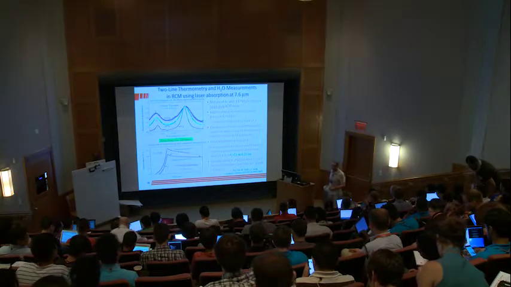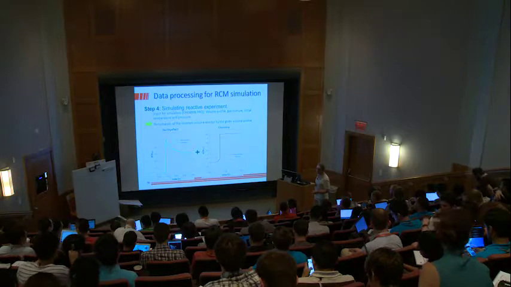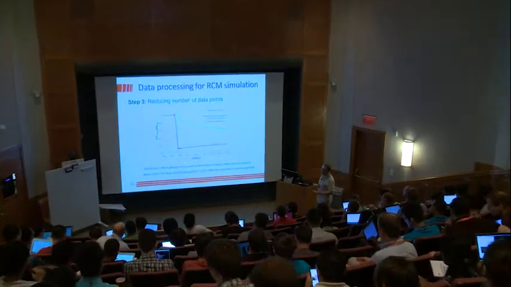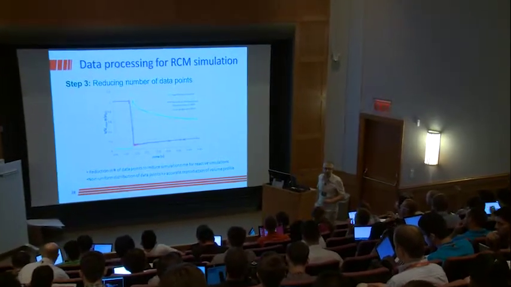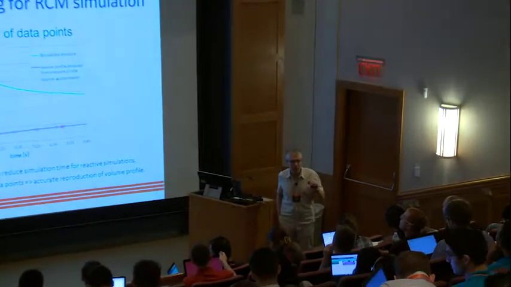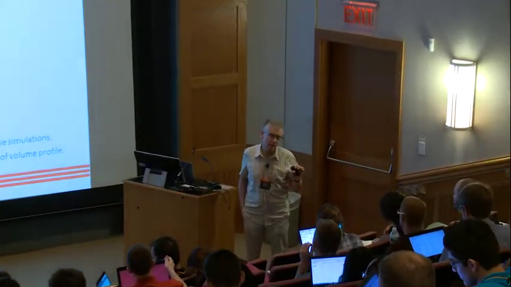There's one thing I didn't point out here, which I should have. If we look at this pressure time history in the rapid compression machine, for each reactive experimental point or temperature, we do a non-reactive experiment.